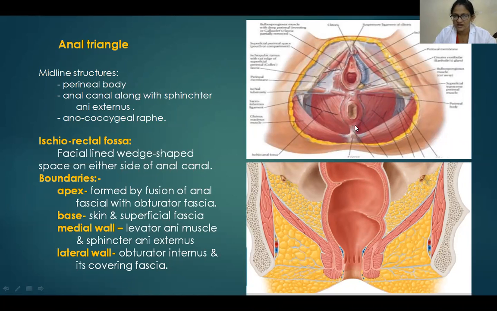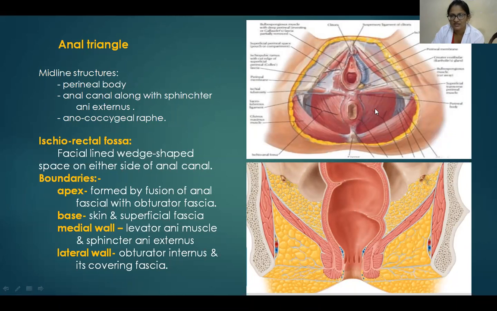And next, this is the anococcygeal raphe. This is the tip of the coccyx. These are the midline structures. From before backwards: the perineal body, then the anal opening along with its external anal sphincter, the anococcygeal ligament, and the tip of the coccyx.